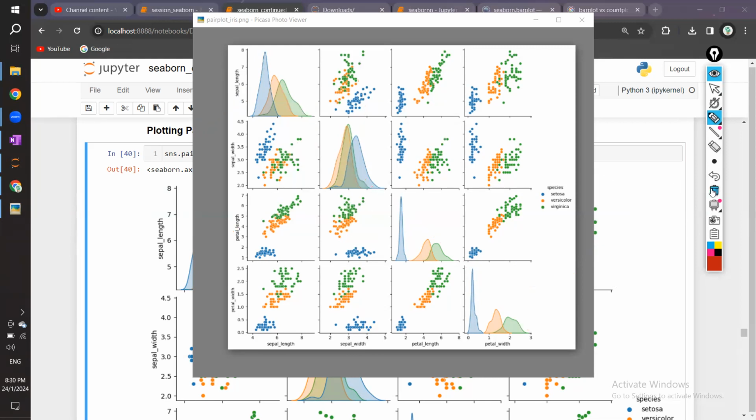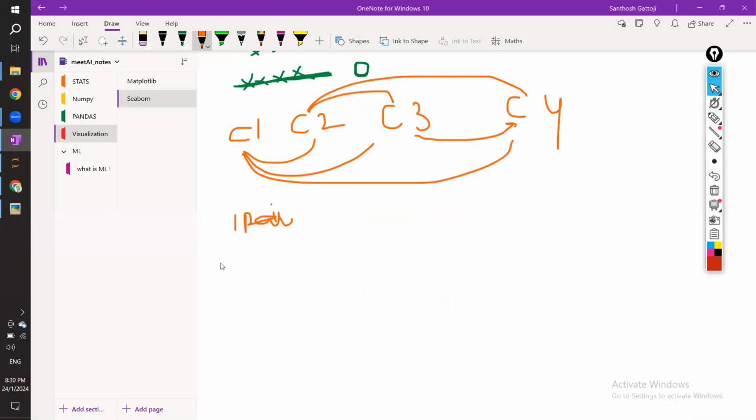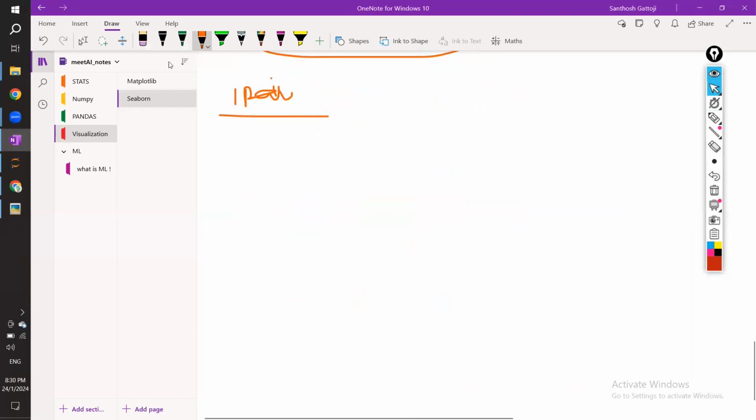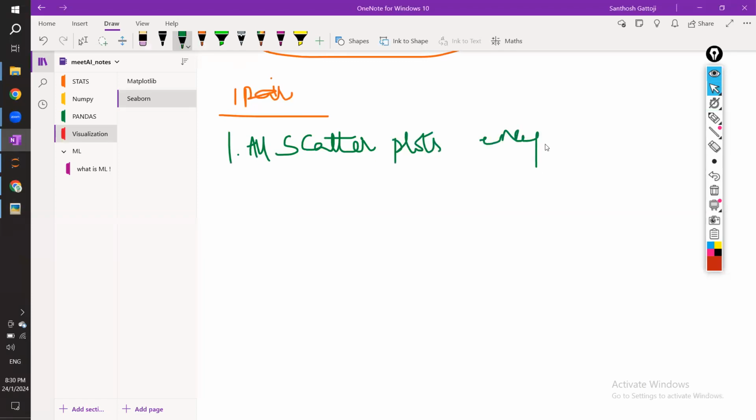So, three points. For the pair plot, point one is that it usually draws all scatter plots except on the diagonal. Second, on the diagonal you will get histograms.